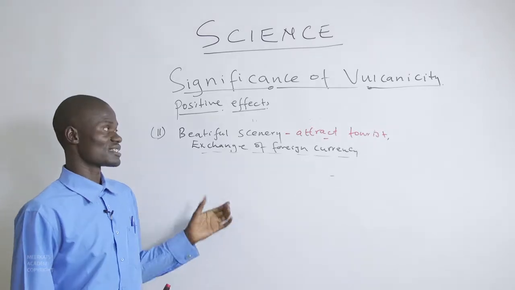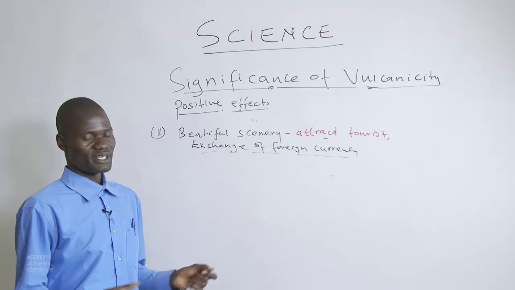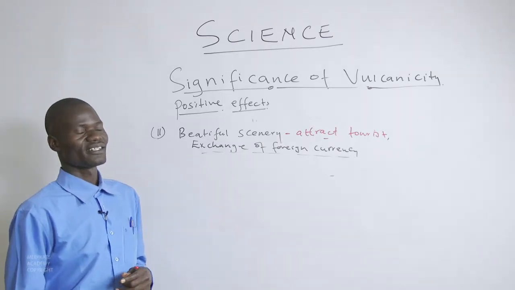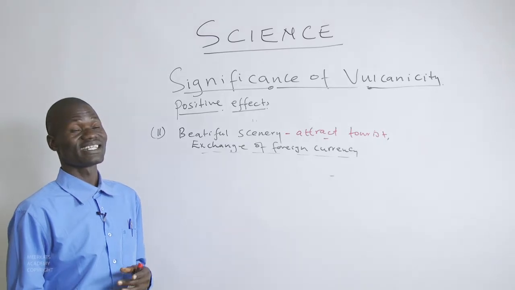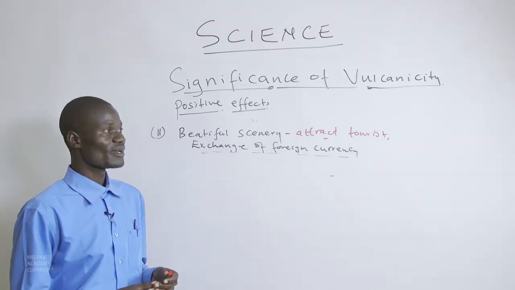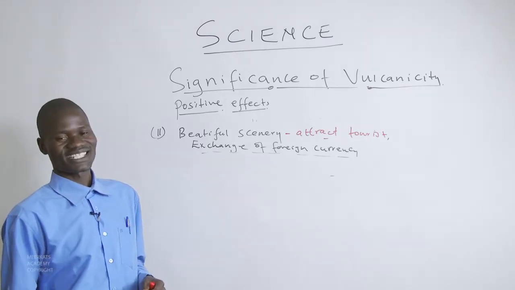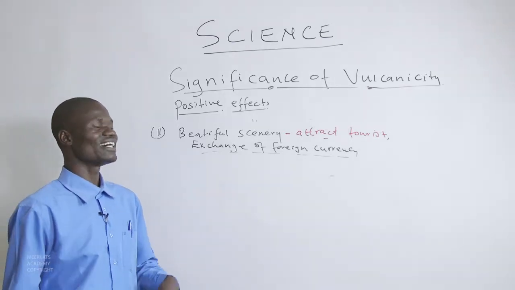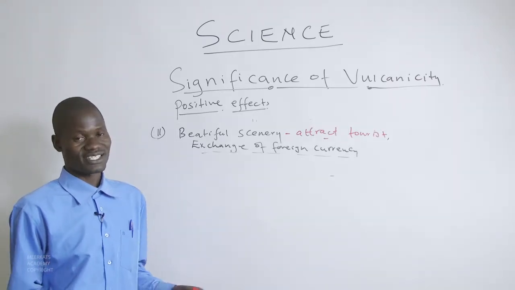And that is the second benefit of volcanicity, especially the largest or the highest volcanic mountains in the world, like the Himalayan ranges. It is one of the beautiful sceneries in the world that everyone will want to go and see.